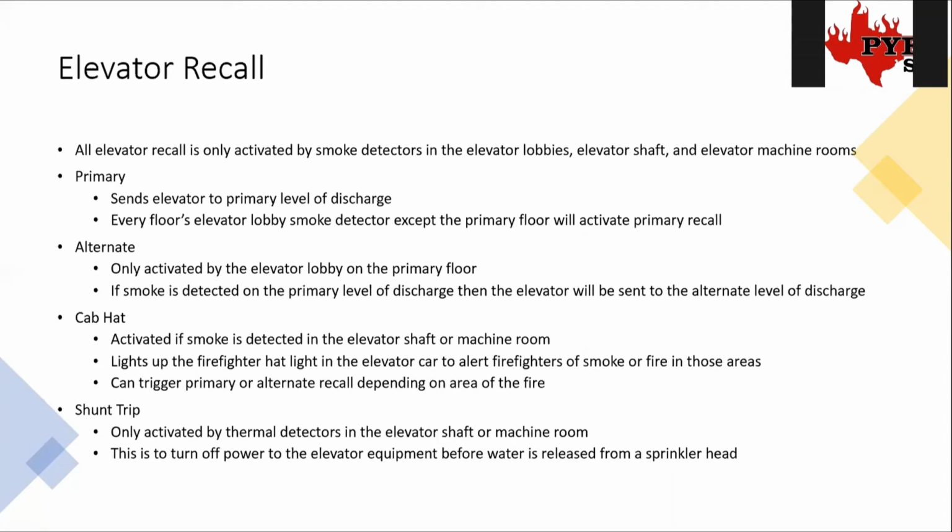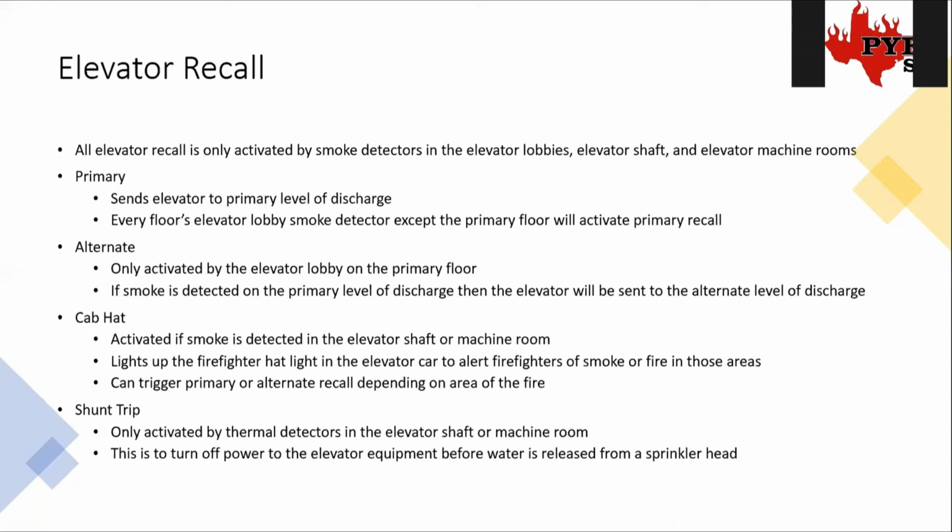Every single elevator lobby smoke detector in the building, except for the one on your primary floor, will activate primary recall. So if you have a basement, it will activate primary recall unless the basement is the primary level of discharge, which would be weird. So basement and then second floor up all activate primary.